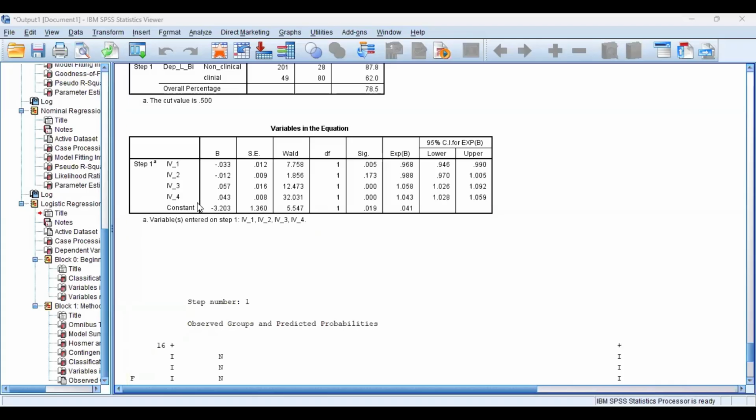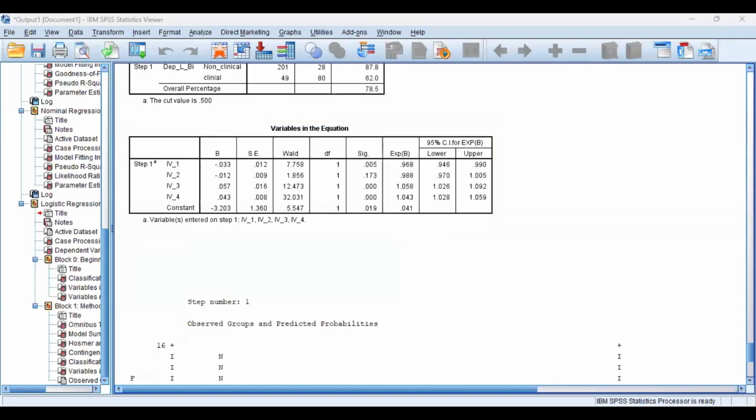For example, for IV4 that we have here, if I do this process, for example, I subtract the odds ratio from 1 and multiply by 100. The odds ratio that you can see here is 1.043.